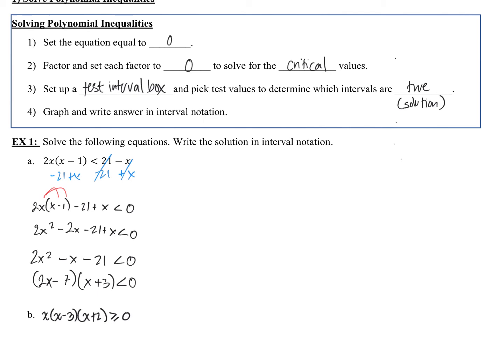Now, we'll go ahead and find our critical values. So to do that, we'll set each of these to 0 to solve. So 2x minus 7 equal to 0, and x plus 3 equal to 0. Solving, we get x equals 7 over 2, and x equals negative 3 are our critical values.